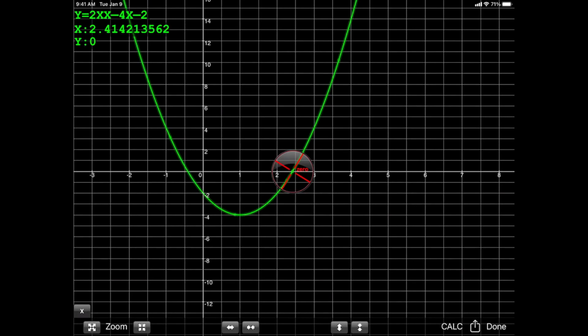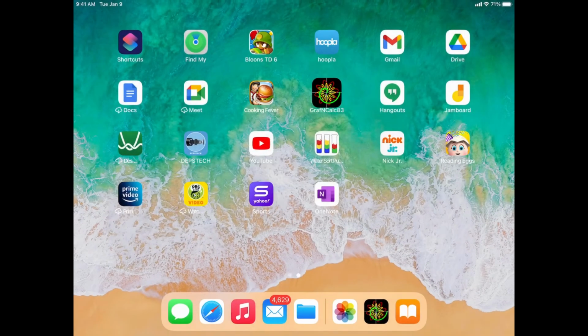All right, so our zeros are rational? Actually, it looks like they are irrational: 2.41 and negative 0.41.